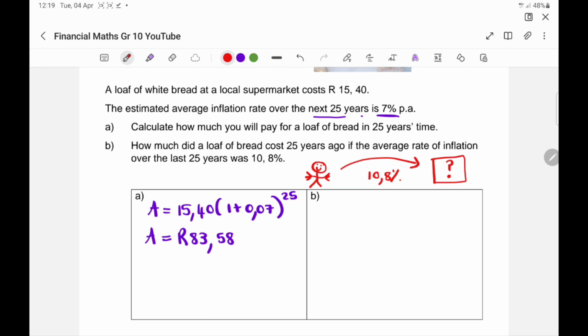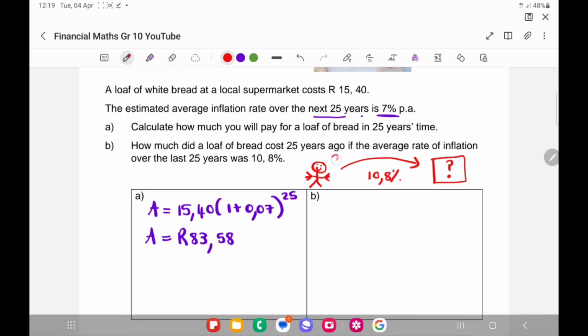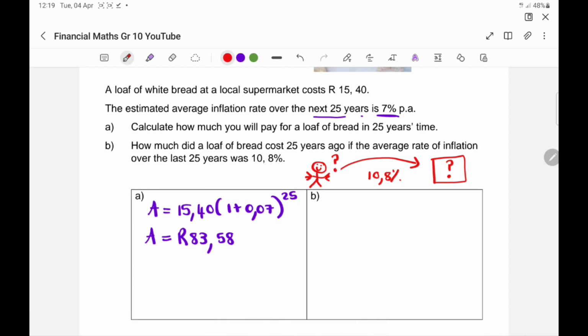You pretend you go back in time. So the present amount, we don't know. But we know that a loaf of bread now costs 15 Rand 40.